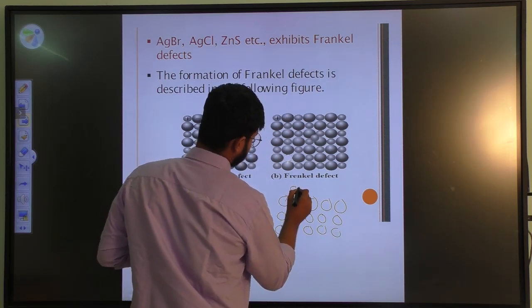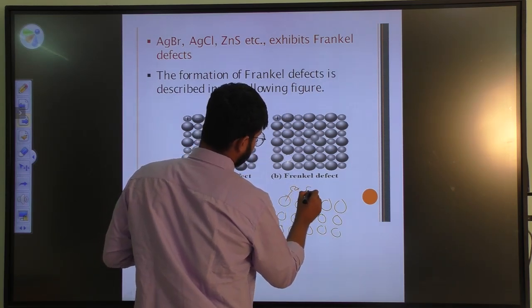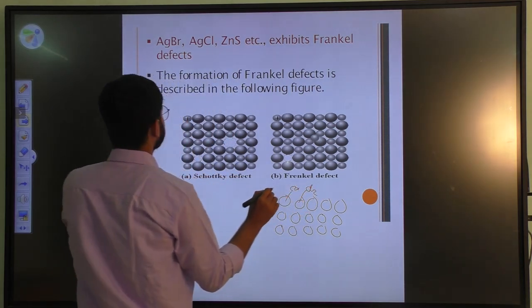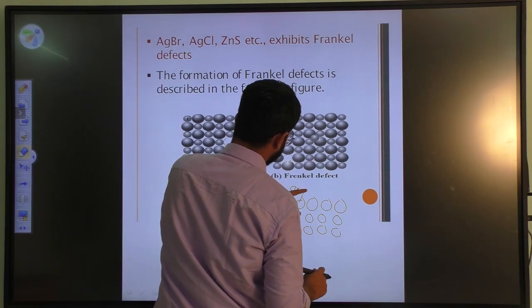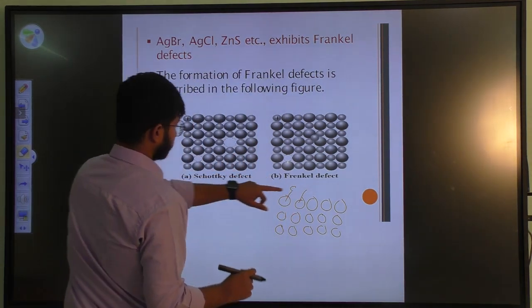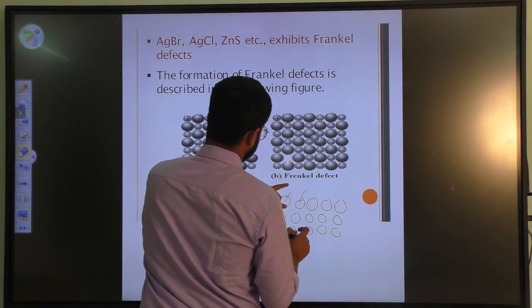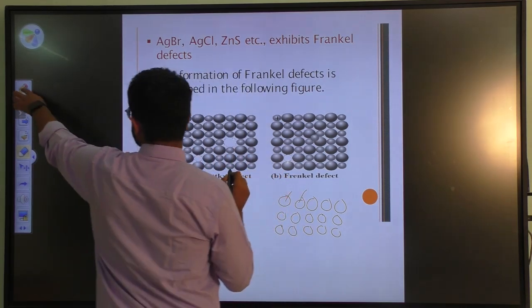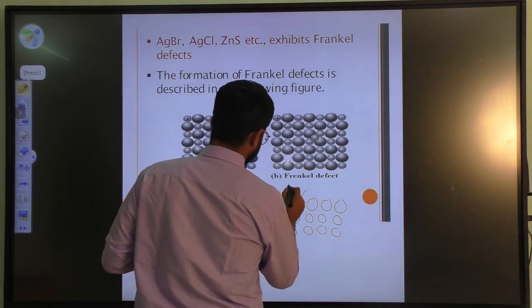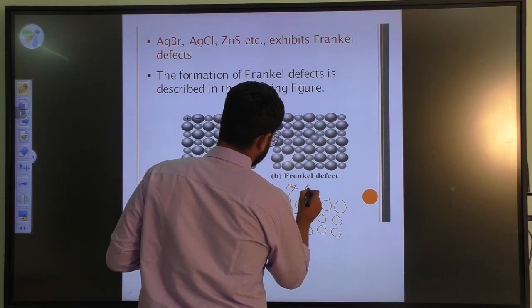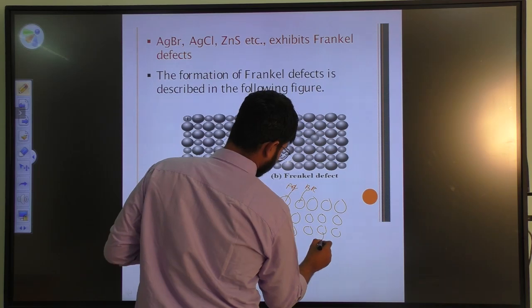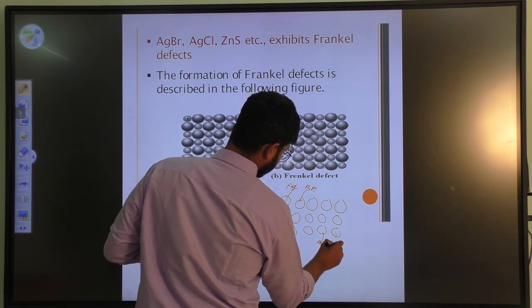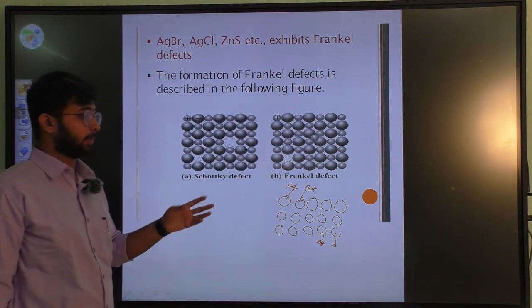It is Cs, it is Cl. Or let's consider AgBr also, AgBr. These are the continuous structures of Ag and Br.